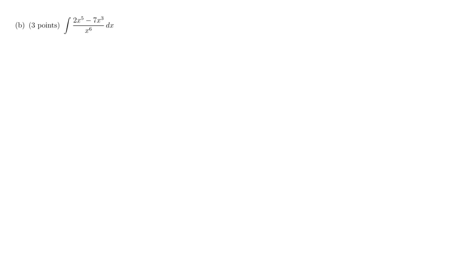It'll be very bad. So don't ever make that mistake. I really want you to remember that when you have a fraction, do not integrate top and bottom separately. Same goes for multiplication. If you have x to the 6th times 2x to the 5th minus 7x cubed, do not integrate these separately.